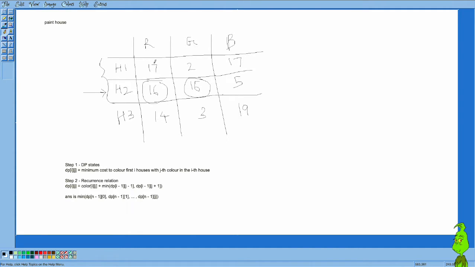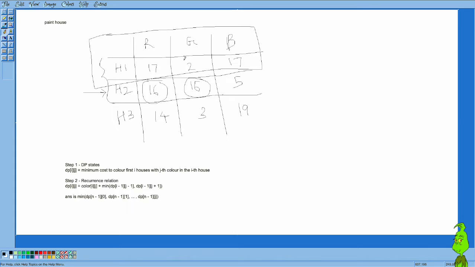Here we have only taken 3 houses. You can consider there are many other houses, and when I choose red color for this house, then I can find the answers to the previous houses, whatever there are, n number of houses, let's say, before this. So you can find the answer for this here.